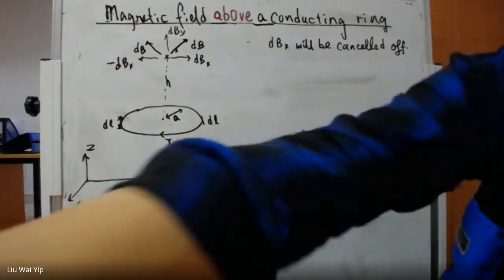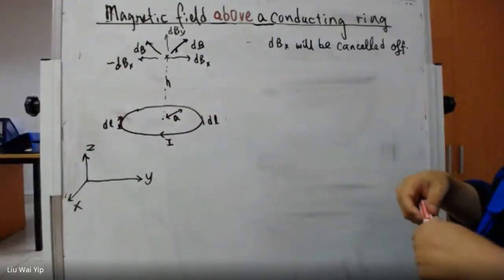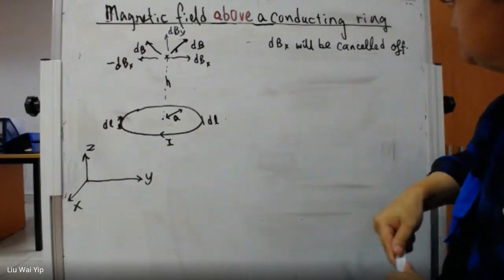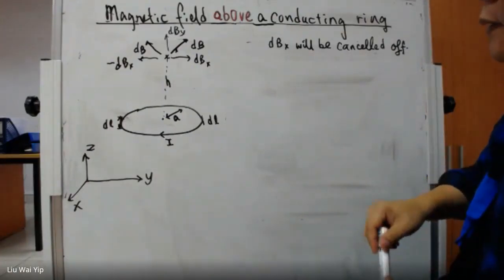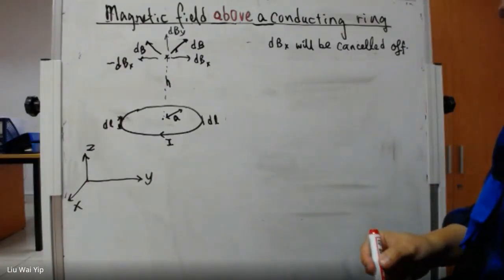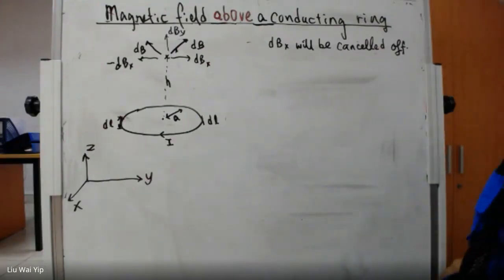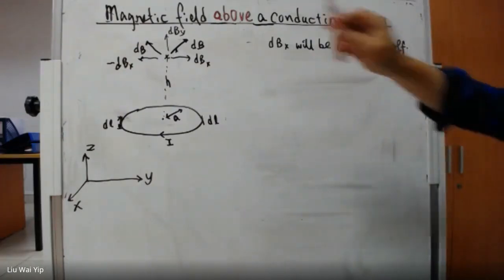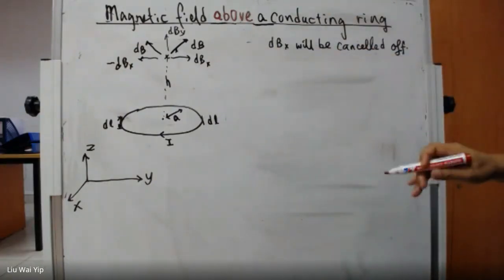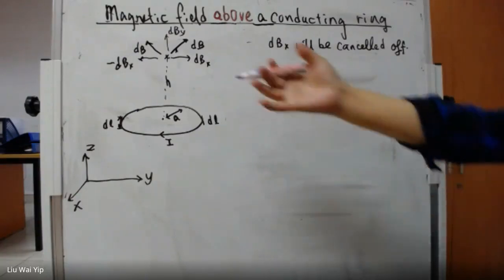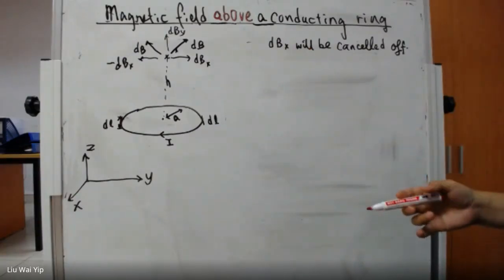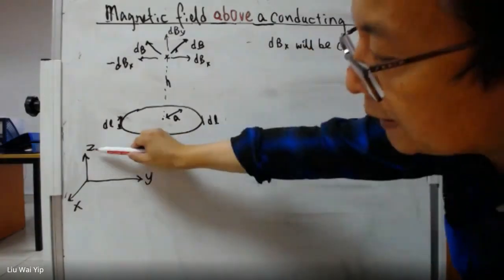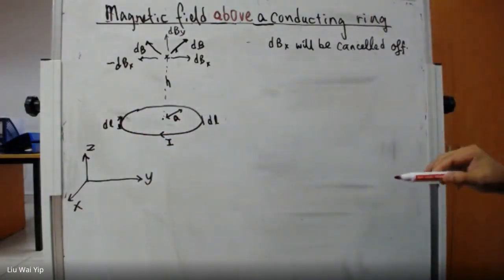Now, before going on further, we need to understand how this will look. This is the three-dimensional diagram, and it's very difficult to interpret using a three-dimensional diagram. So why don't we just consider the y-plane only?